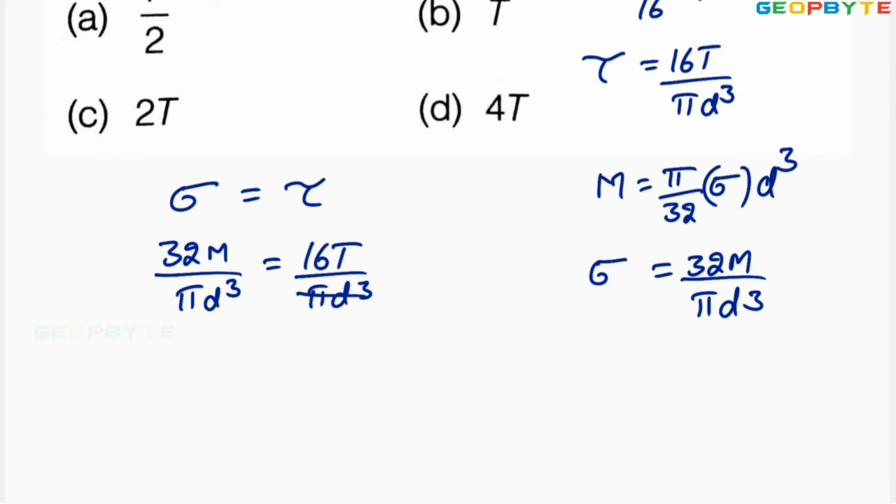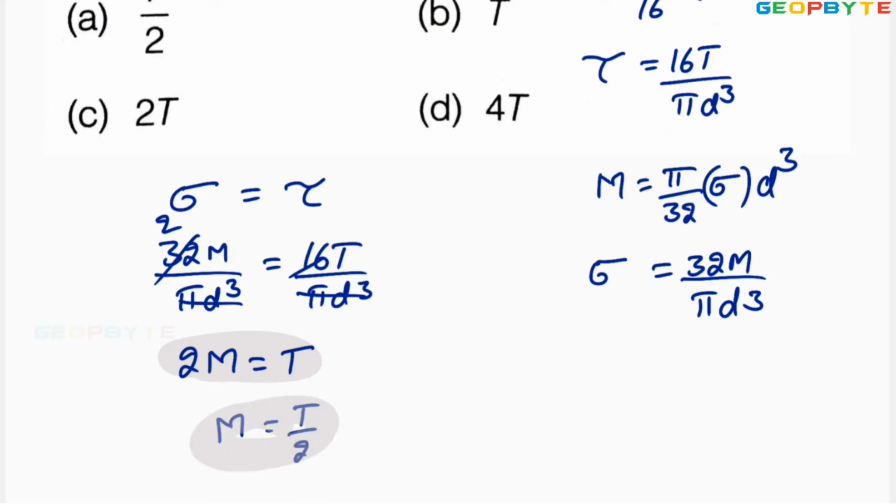Here pi d cube cancelled, that 16 two times. Anyhow, 2 times the bending moment equal to torque. That means torque equal to twice the bending moment. From this, the bending moment equal to torque by 2. Therefore, bending moment M equal to half of the torque.